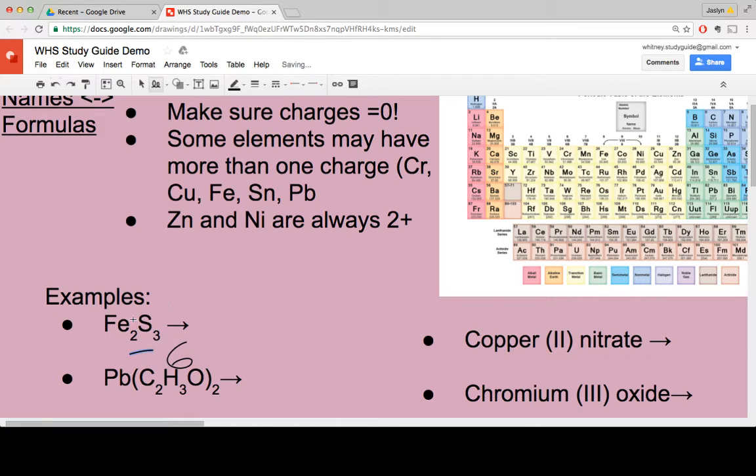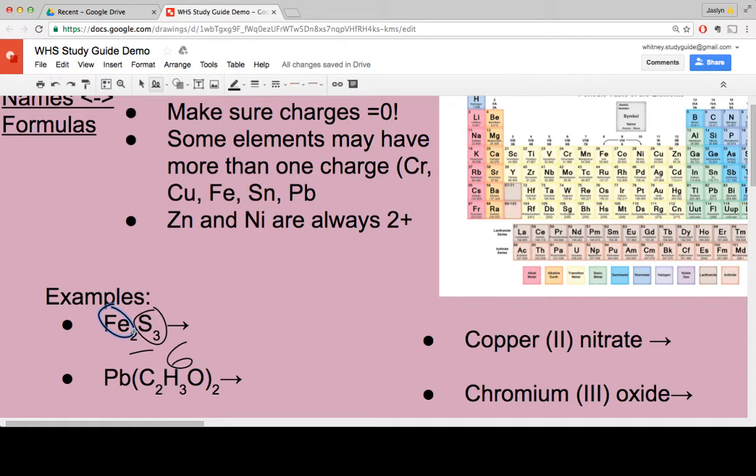Okay, so that's for sulfur right there. So then we know we have 2 iron atoms that will have to total up to be +6. Because this is in a compound together, the charges of this and the charges of this have to add up to equal 0. So we know that all of the iron is +6.